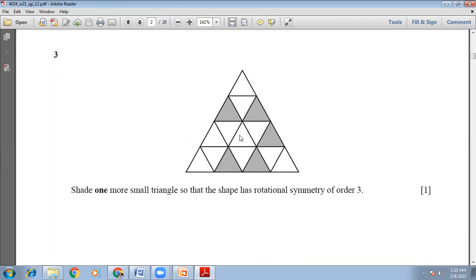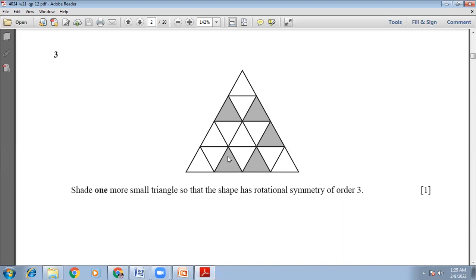For example, if this is the center of the fan, this is the central portion. Around it, these 2 fans, then these 2 fans. So one fan should be here, one here, and another. This one should be shaded, so the pattern should be completed. When these 2 come here, and when they come here, this one should be shaded.